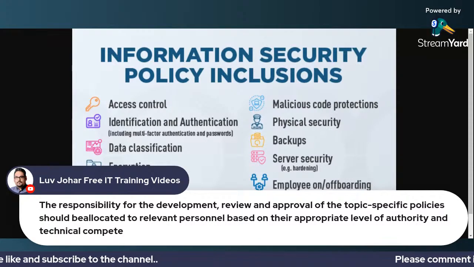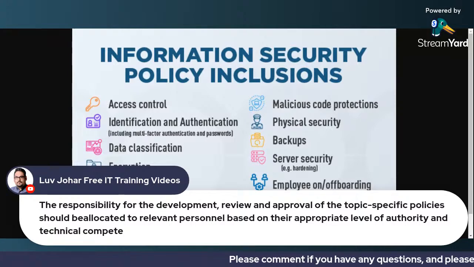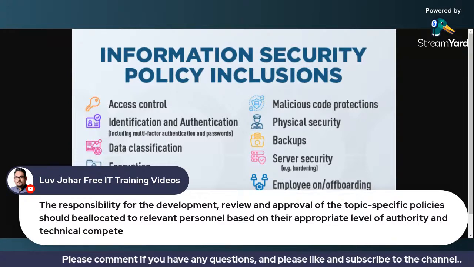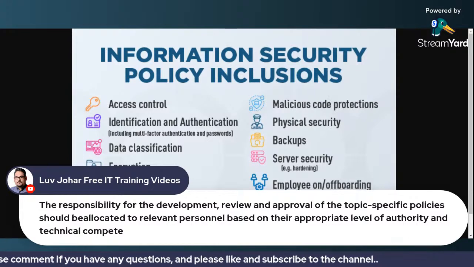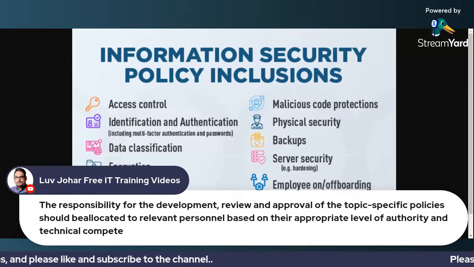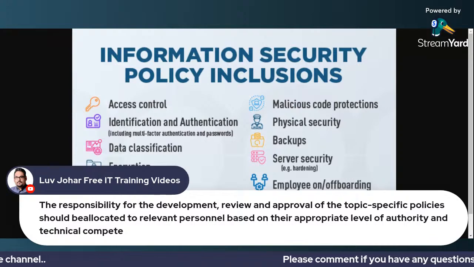The information security policy approval should go to the top level management. For the topic specific policies, it says responsibility should be allocated to relevant personnel based on their appropriate level of authority and technical competency. It is not saying that it should go to the top level management here, so you should keep a note of it.